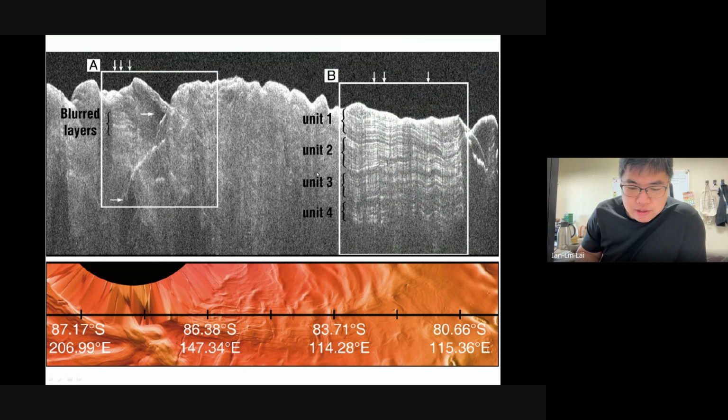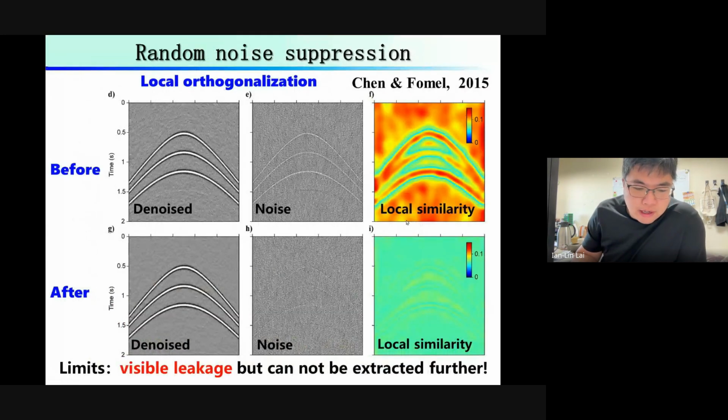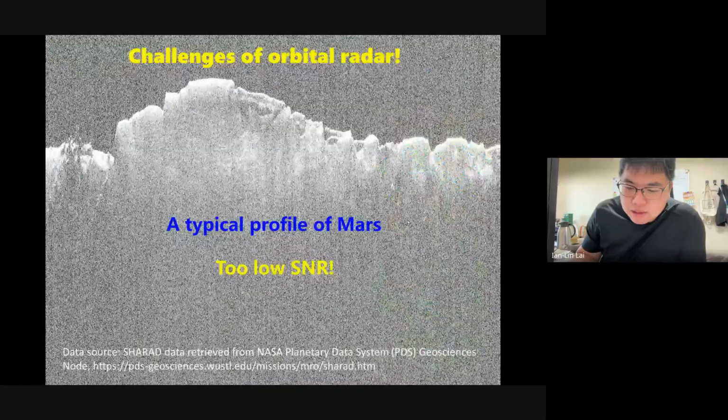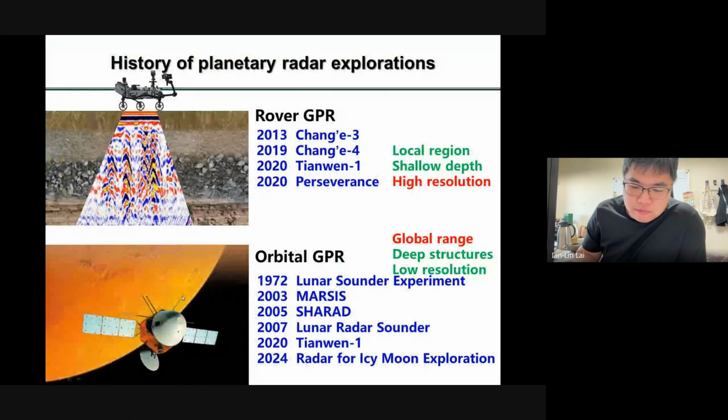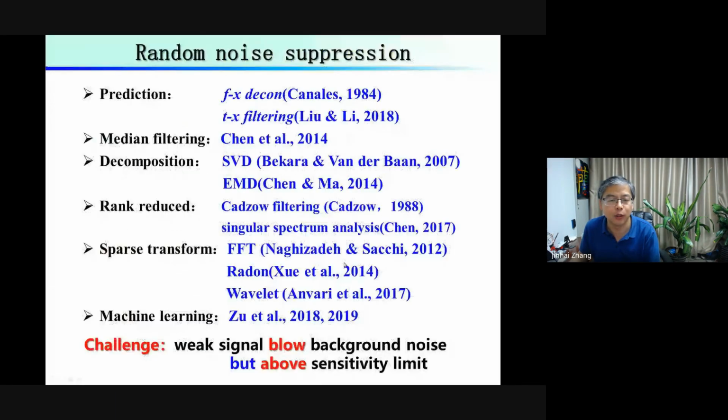Another question is, if we have an orbital GPR and there's surface topography, how can we remove the effect of the surface reflection? Yes, it's a main topic for orbital GPR radar, because here we can see something.